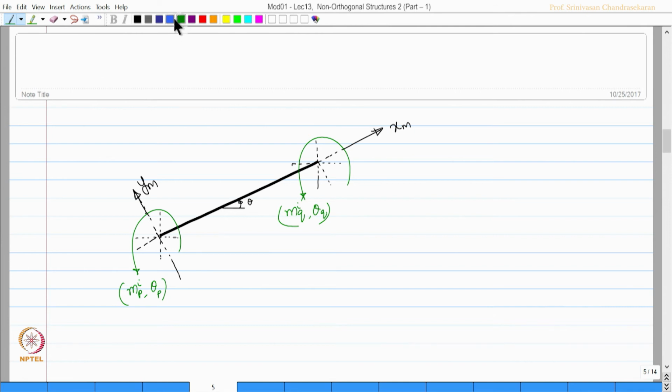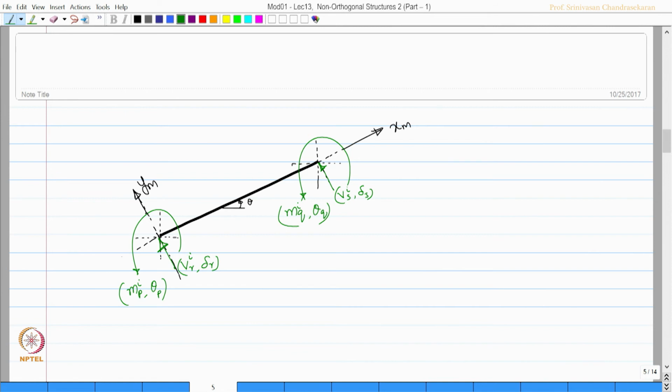Then let us mark the vertical reaction along y, which is Vr similar to delta r, and we also have Vs similar to delta s of the ith member. Okay.